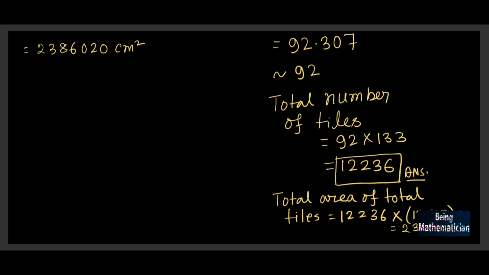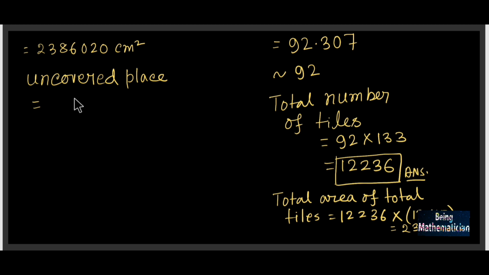Now the uncovered portion of the floor must be the area of the floor, that is 2000 into 1200, minus the area of the tiles, that is 2386020.